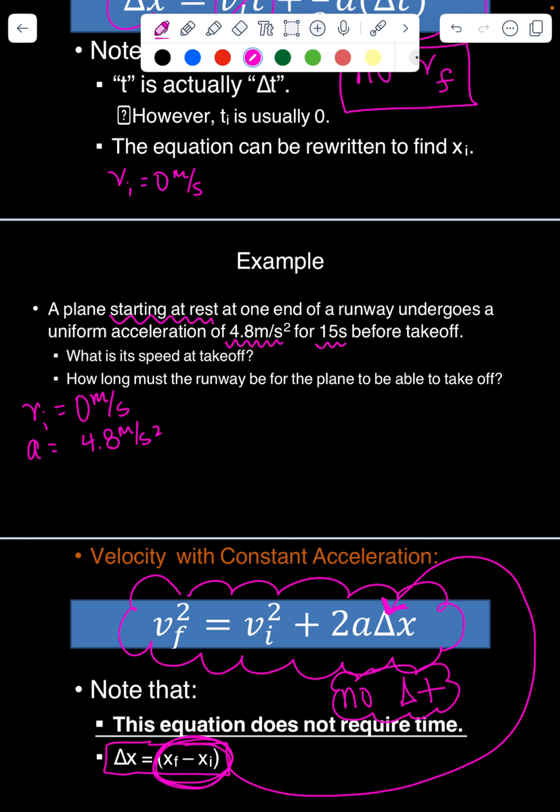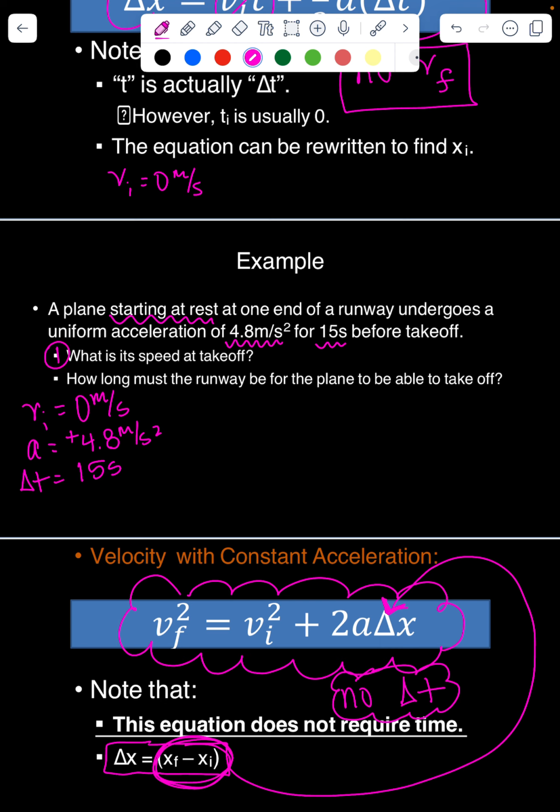So if this plane is speeding up in the positive direction, that means that acceleration also has to be positive. Speeding up, those signs have to be the same. So we do have a positive acceleration of 4.8 meters per second squared. And then our last given is our time interval of 15 seconds. Those are what we were given.